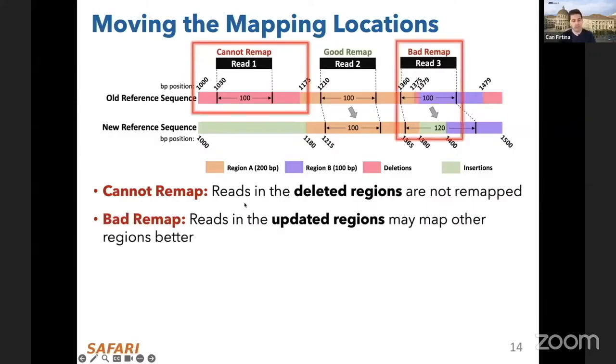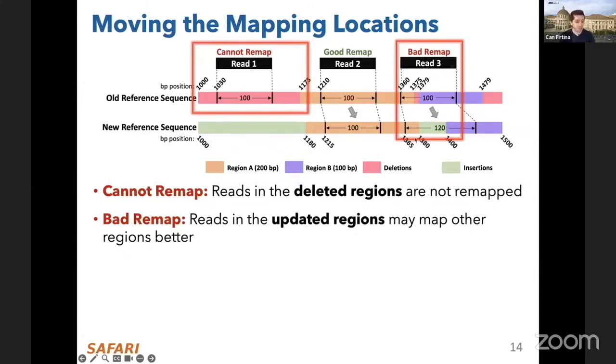There are also some bad remaps. These reads are falling under the updated regions, and there are some differences here. So this means that that particular read was aligned to that particular region in the old reference genome by taking into account all the differences between this region in the reference genome and the read. But now there are newer differences, meaning the alignment score that we're calculating would have changed if you would align this read to that particular region again.